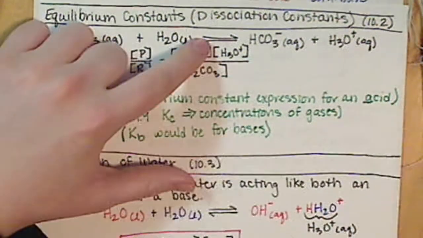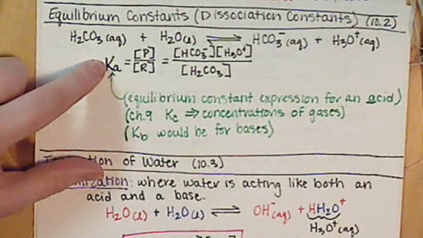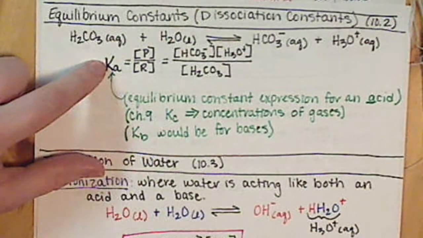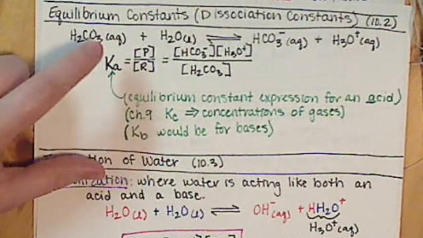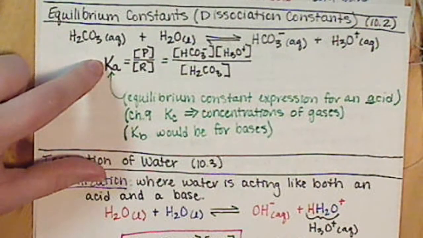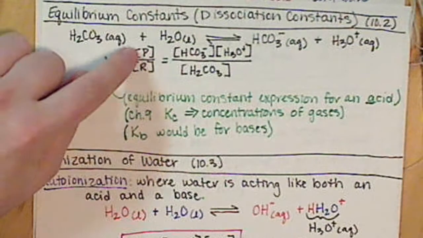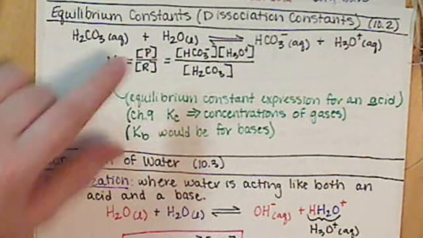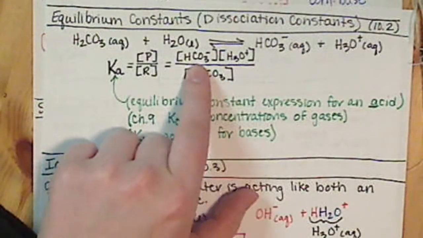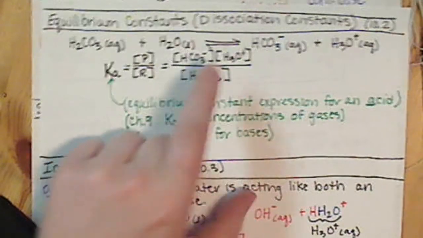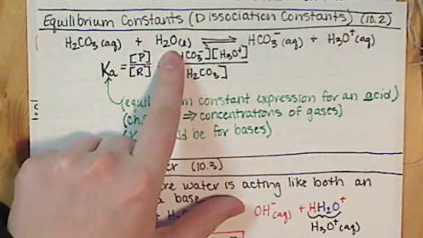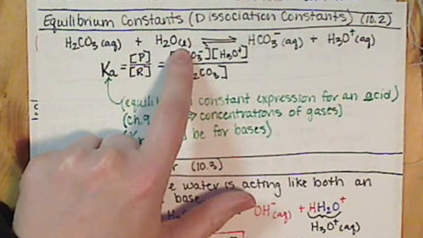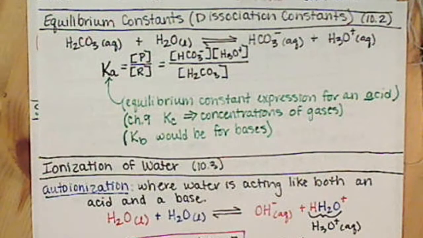So we had an equilibrium, so we can write out our equilibrium constant, a capital A. And all of our rules and calculations from Chapter 9 still apply. So we're looking at our products over our reactants. So we had HCO3- times H3O+ divided by H2CO3. Water is not included because it's a liquid, and liquids and solids are left off.